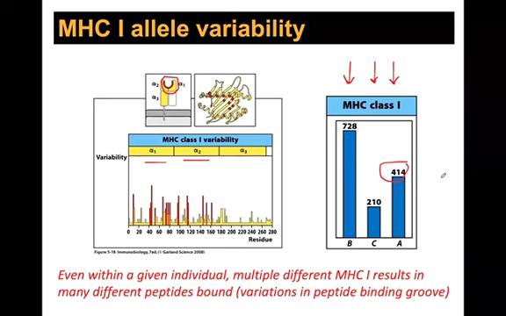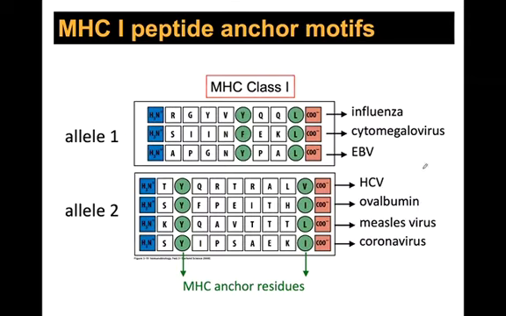So that gives you a high chance in an individual, and in a population, it's a virtually sure chance that something is going to be recognized. So these differences between alleles are primarily in the peptide binding part of MHC-1.